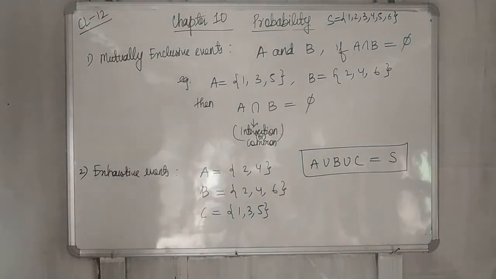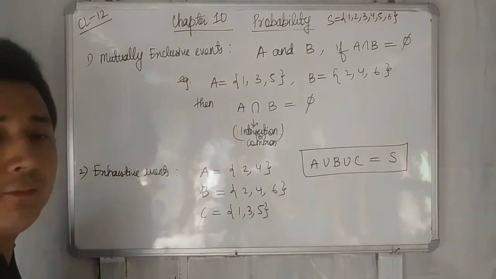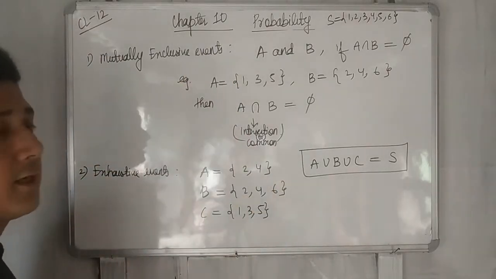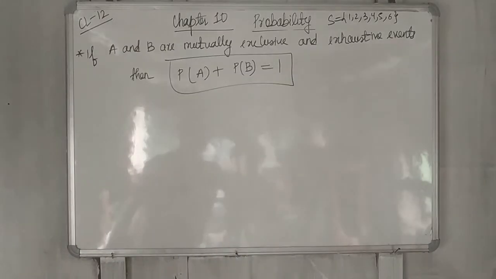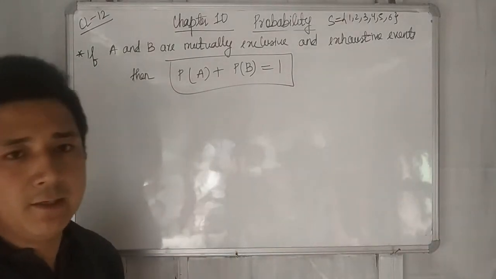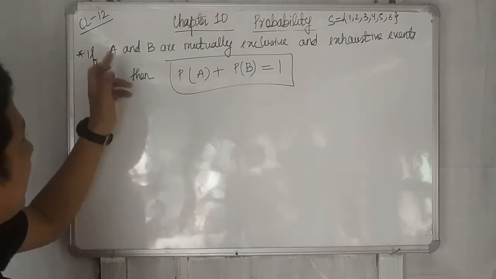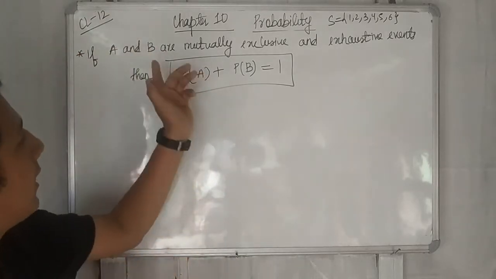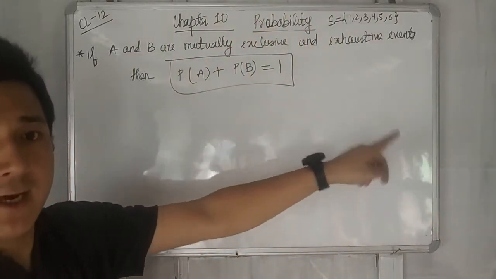And with the same things, with these two events, now we'll also learn one formula, when two events are mutually exclusive and exhaustive at the same time. For example, one experiment is there and I get two events, A and B. If these events are mutually exclusive as well as exhaustive, are you understanding my point?